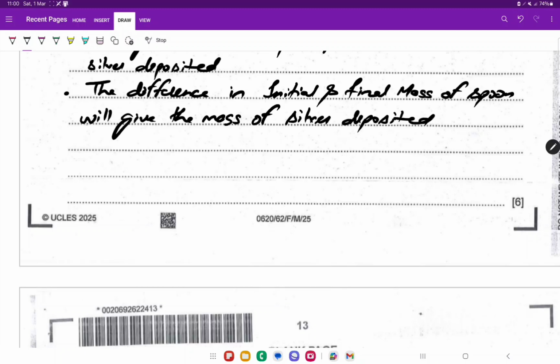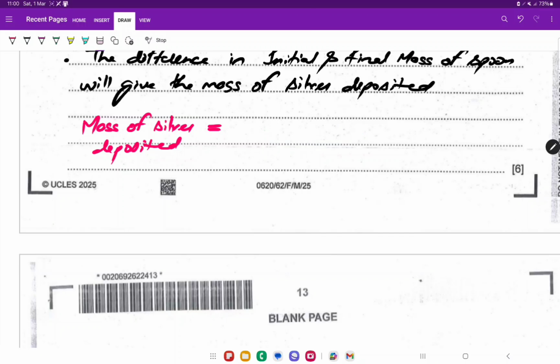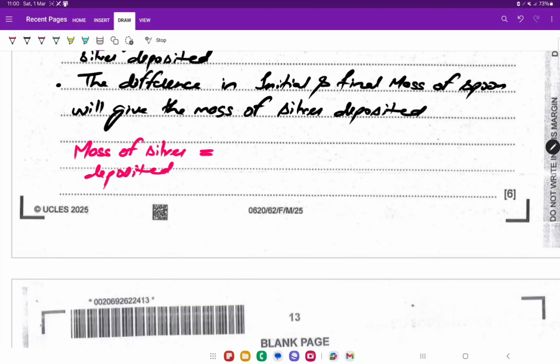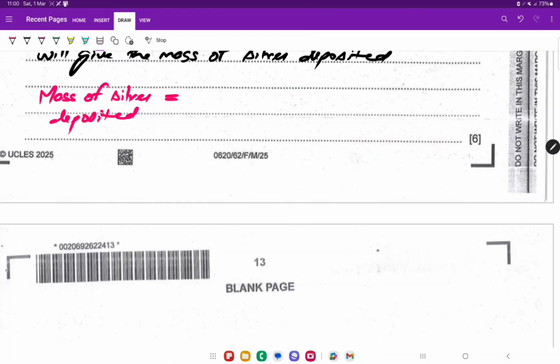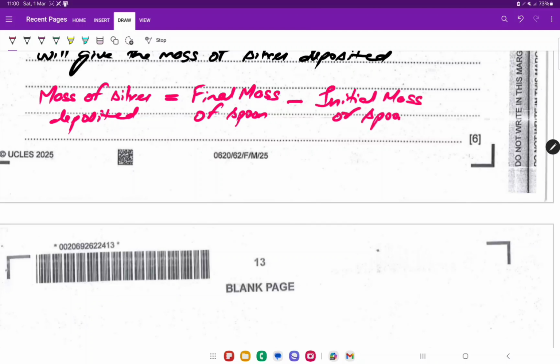Therefore, the formula is: the mass of silver deposited will be equal to the final mass of the spoon after electroplating, because the final will be more, minus the initial mass, and that will give you the mass of silver deposited in grams. Okay.